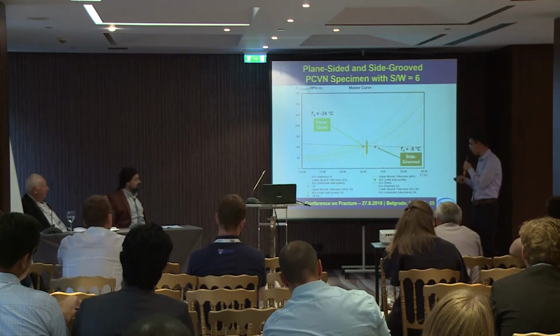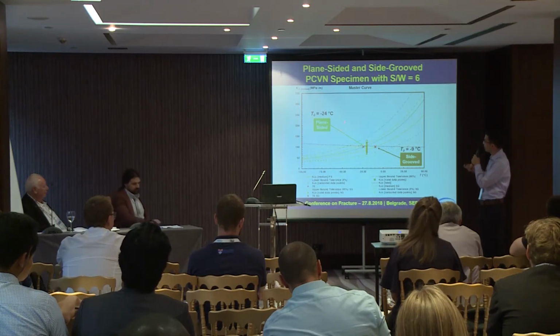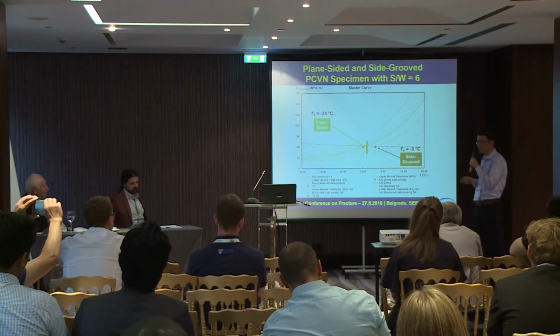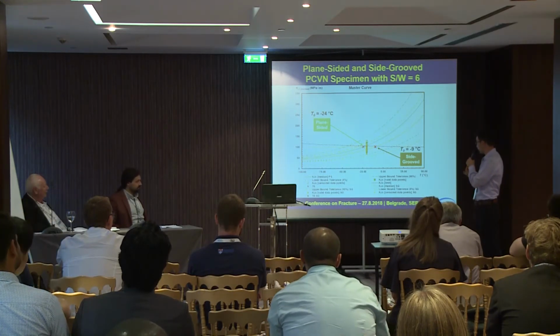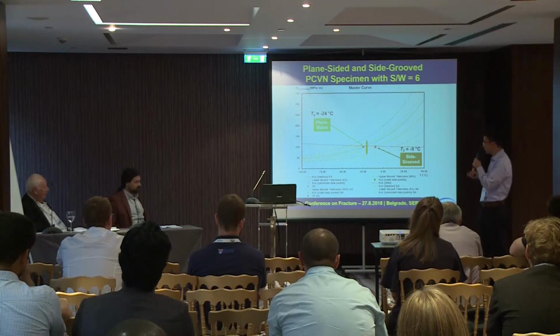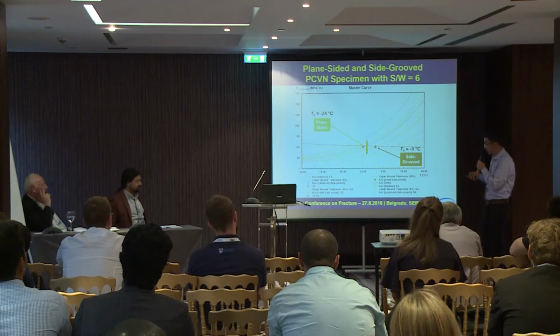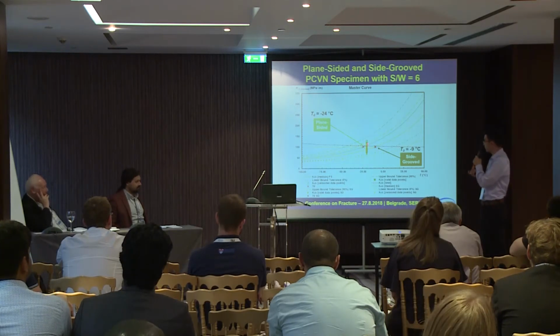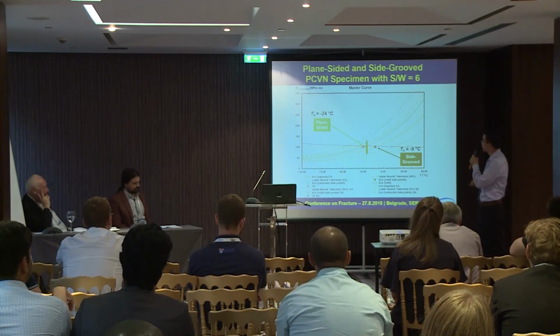And here we have two master curves. The green master curve refers to the plane-sided PCVN with S over W equals 6, and the yellow master curve refers to the side-grooved PCVN with S over W equals 6. Here we can observe that the introduction of side grooves shifts the master curve to the right, which provides a higher reference temperature.